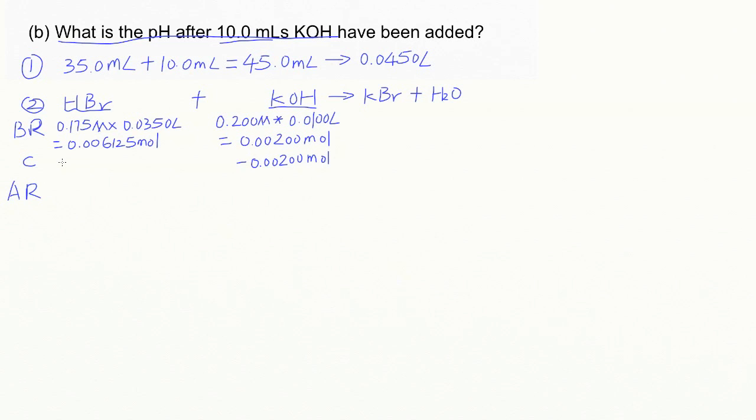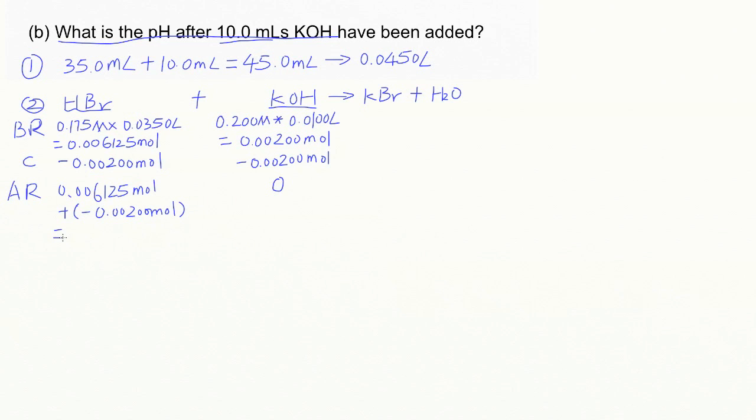Alright, and since this is a 1-to-1 ratio, the same mole number of hydrogen bromide will be consumed. So what is left would be 0 mole for potassium hydroxide, and for hydrogen bromide 0.006125 mole minus 0.00200 mole.